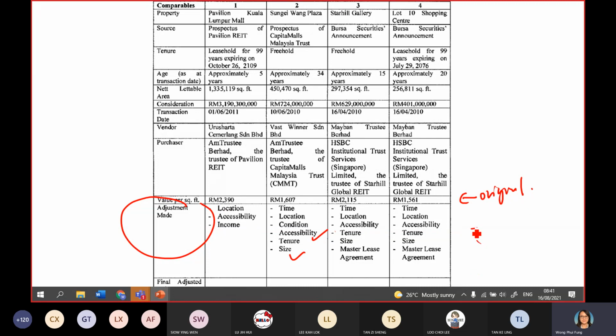After you make the adjustment plus or minus on the rental, this will be your final adjusted value. So remember, very common for the comparison method, you need to make some adjustment to reflect the differences. The differences can be in terms of size, accessibility, visibility, okay, and the time location. Okay, so that is the comparison method.